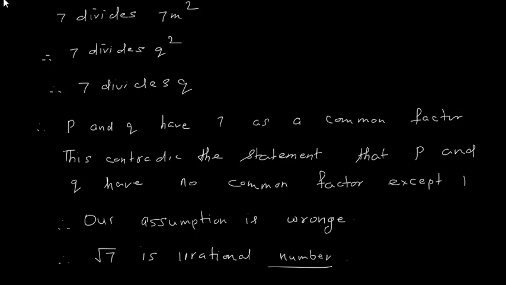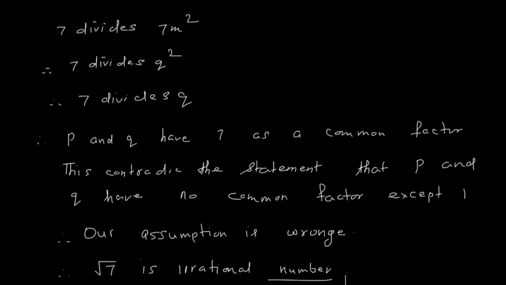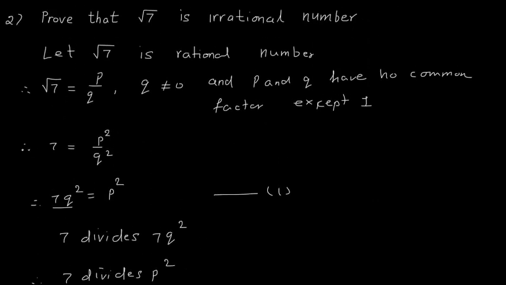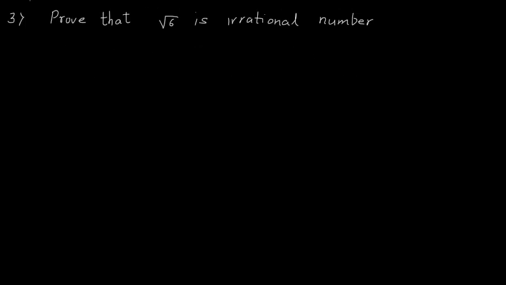Yes, I think these two examples are enough to help you understand how to prove these statements: that root 5 is irrational, root 7 is irrational, root 3 is irrational, root 2 is irrational, and so on. Now next is prove that root 6 is an irrational number. So here again we will say let root 6 be rational.